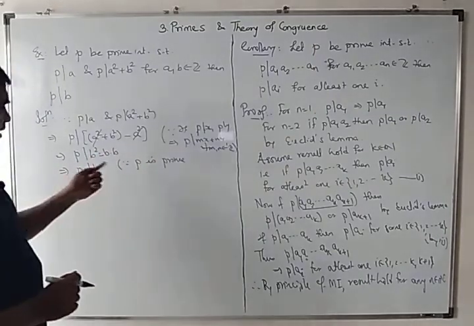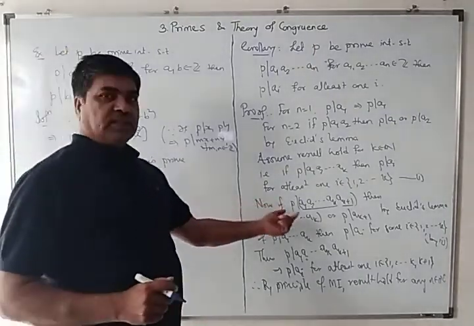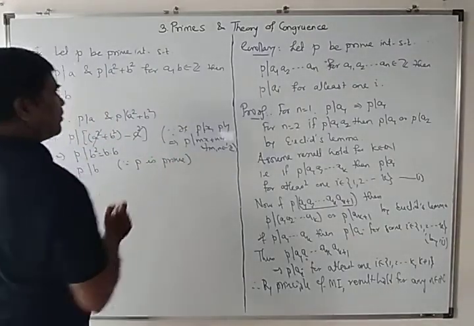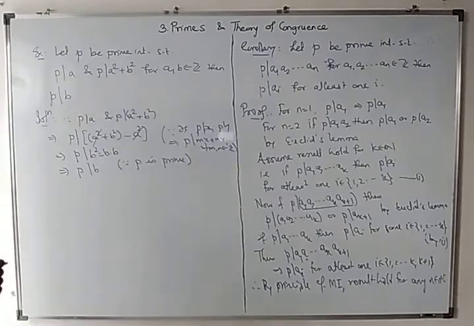So if a prime divides the product of n integers, it must divide one among them. So we will get this by corollary.